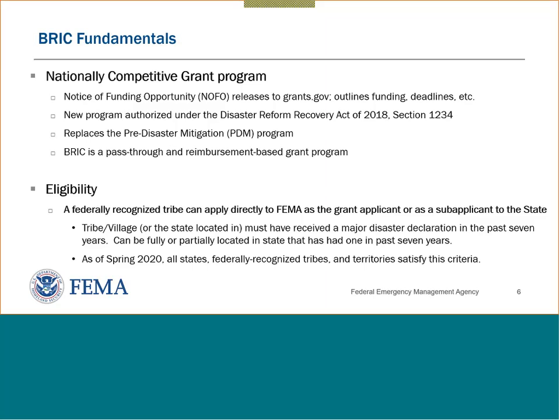The tribes can either have one directly to satisfy that criteria, or they fall within a respective state that had a major disaster declaration, and that satisfies that criteria. Because of COVID-19, all states and therefore all tribes meet this criteria as of spring 2020, so everyone is actually covered at this point for this particular program.